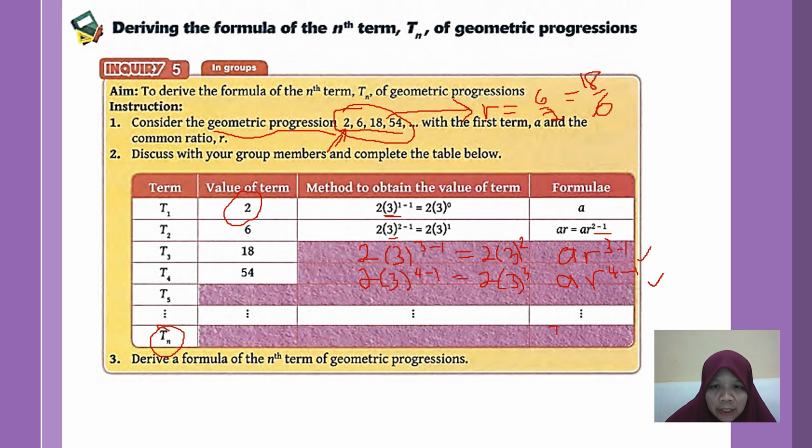So we can derive one formula where Tn is equal to ar to the power of n minus 1. We will use this formula to find Tn.